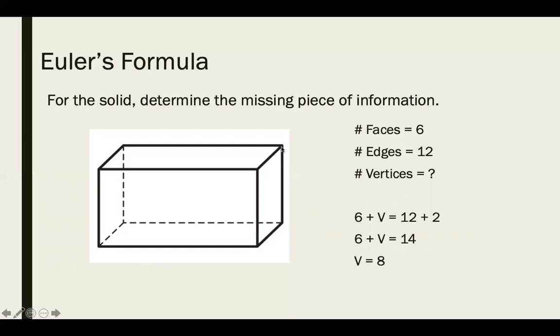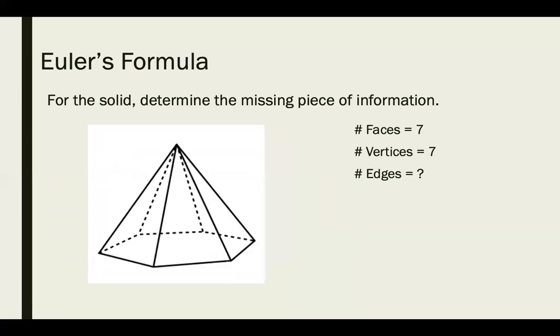We can count them, right? 1, 2, 3, 4, 5, 6, 7, 8. 12 edges and 6 faces. This is useful because sometimes it's hard to keep track of which ones we've counted, and also sometimes these solids get really big, and so we can use this even if we can't count them all by hand. So we have 8 vertices on the solid.